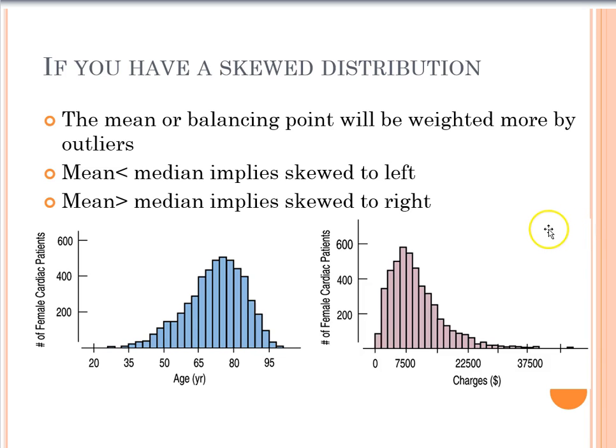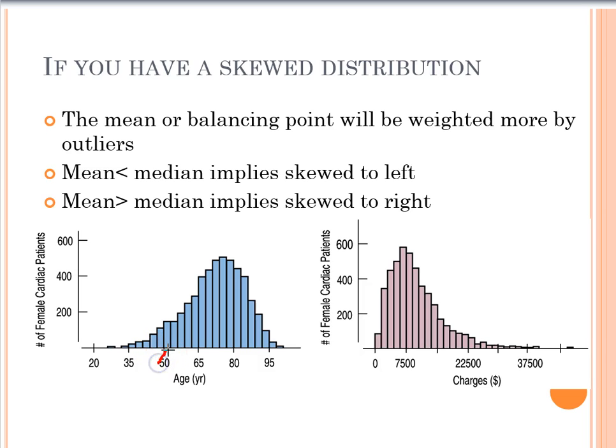Now these 2 measures of center are different, but they both get at where we think the center of the data might be or what the typical observation might look like for this variable. But they're different, particularly when the distribution is skewed for a variable. So in this example, we have 2 skewed distributions. This one is skewed to the left, and when that's the case, the mean is going to move to the left as well.